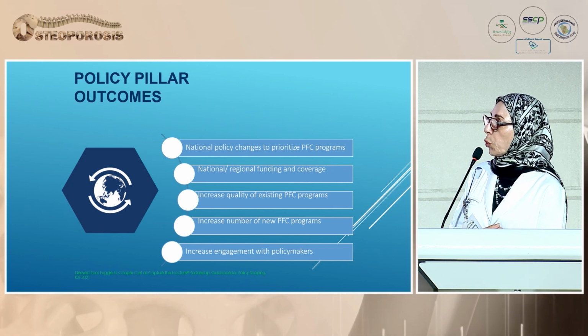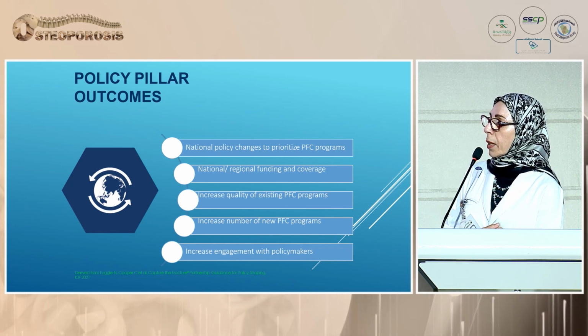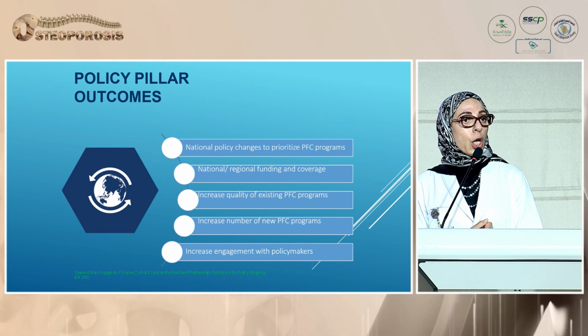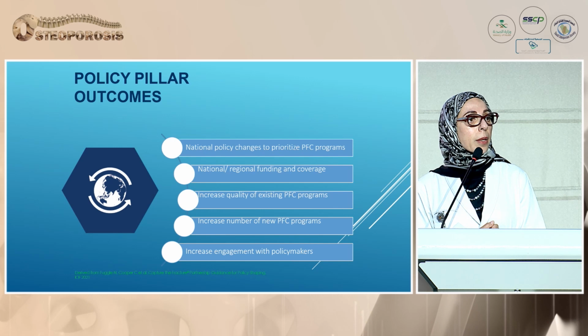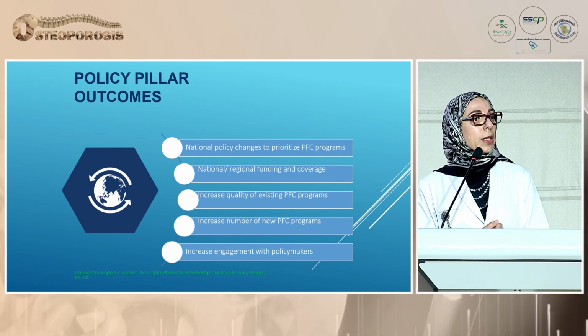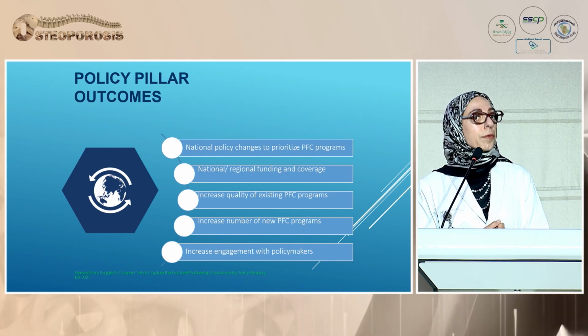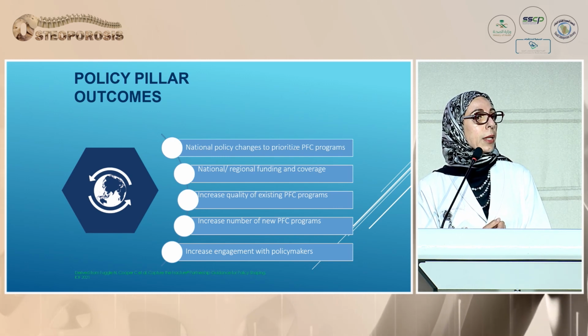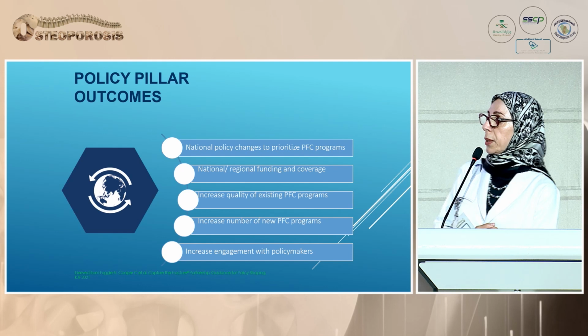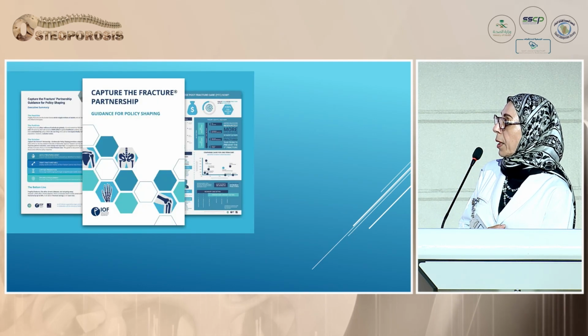You want to create a policy change. You want to impress the regulators of the importance of what you are talking about, that preventing fractures is cost effective. It will reduce the cost to the country, the mortality, the morbidity, and the other aspects of the disease.